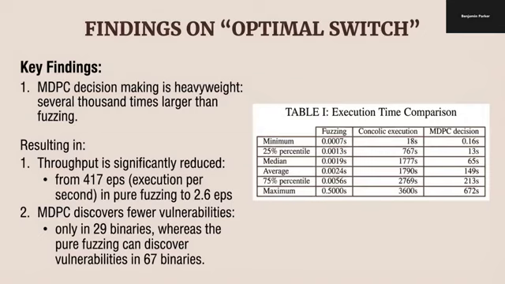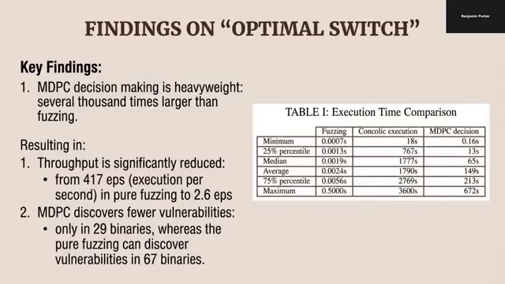The overhead of doing this before every single execution completely diminishes any gain. The paper notes specifically that throughput plummeted from 417 executions per second down to 2.6 executions per second, really showcasing how slow this made it.